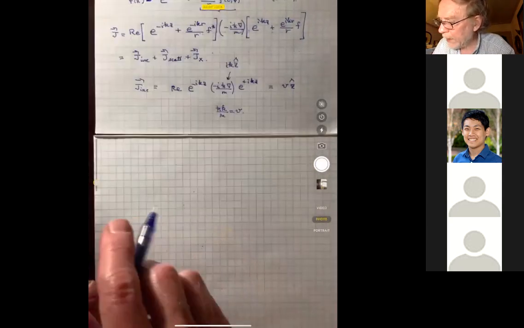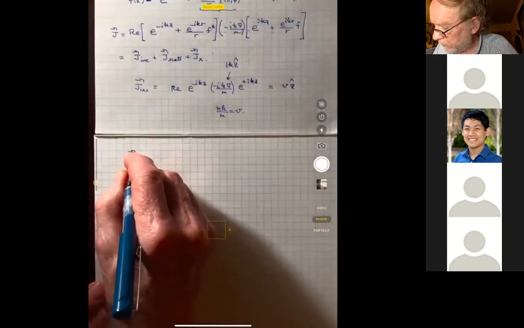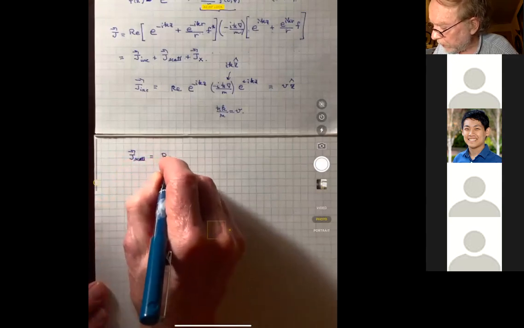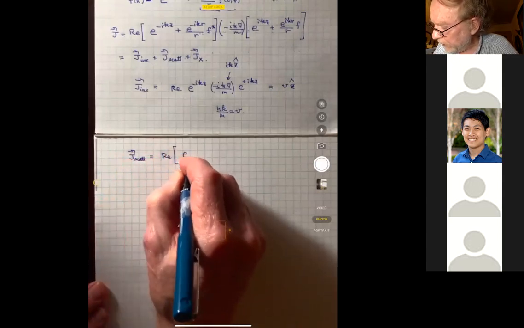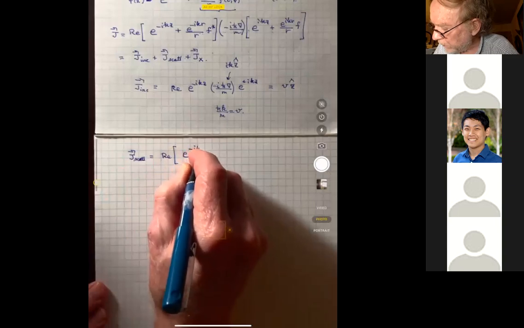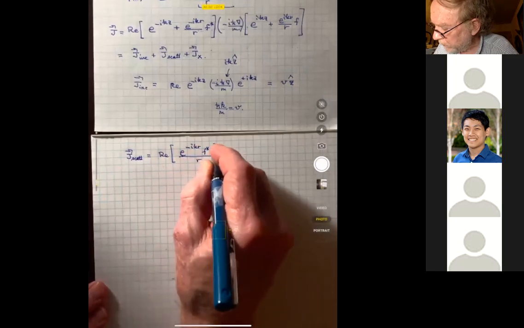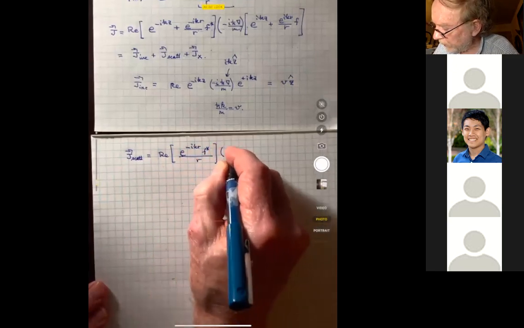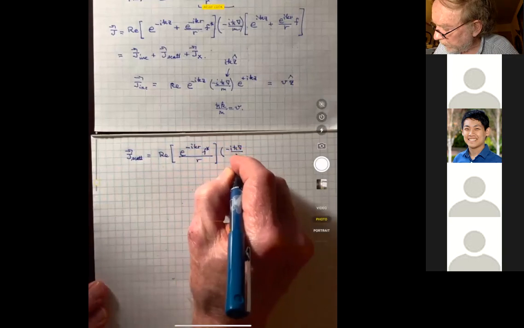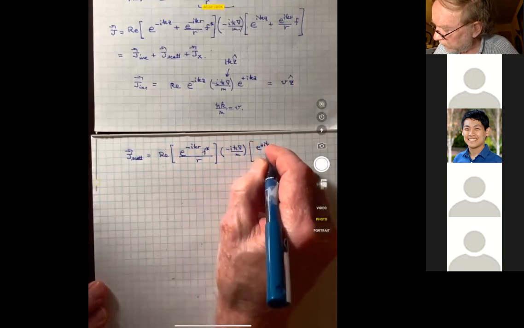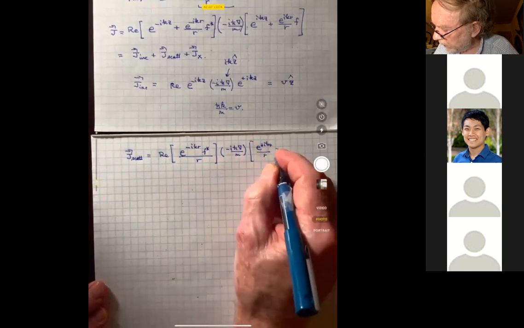Now, what about the scattered flux? The scattered flux is equal to the real part of e to the minus i k r f complex conjugate over r times the velocity operator, minus i h bar gradient over m, acting onto the e to the plus i k r over r times f.